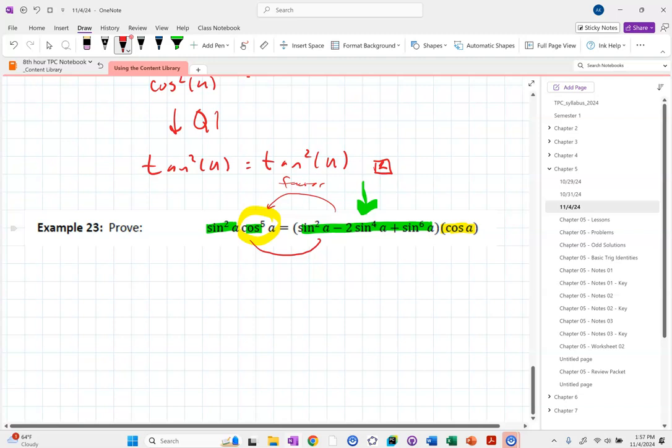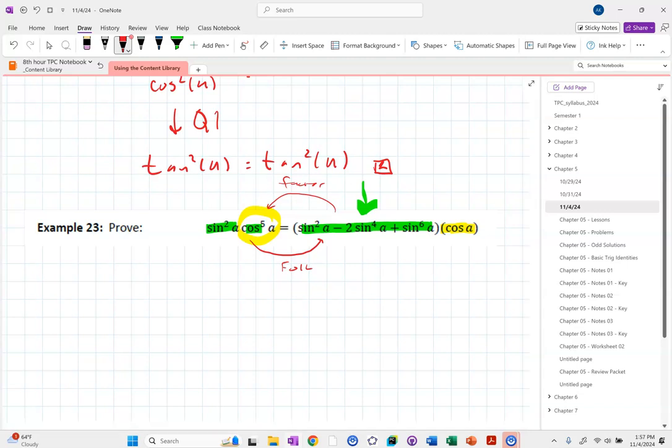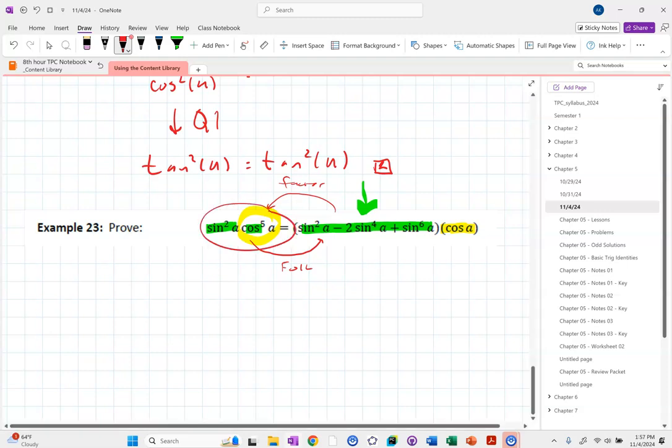So what's the opposite of factoring? Well, not quite distributing, but FOIL. Which one would you rather have to do, factor or FOIL? FOILing is way easier than factoring. So I'm going to pick to use this side because I would rather have to FOIL than have to factor.